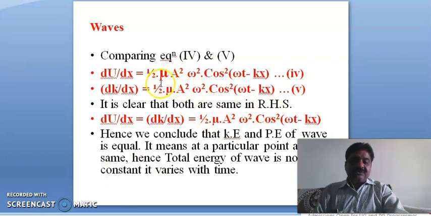If we observe, their right-hand sides are the same. Therefore dU by dx is equal to dK by dx. Hence we conclude that the kinetic energy and potential energy of a wave are the same at a particular point. Hence the total energy of a wave is not constant, it varies with time.